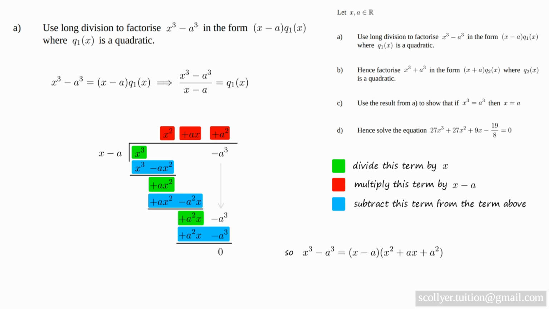And so we see that we can write x cubed minus a cubed as (x minus a) times (x squared plus ax plus a squared), where x squared plus ax plus a squared is q1 of x.